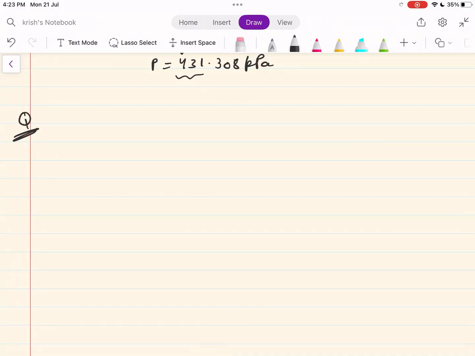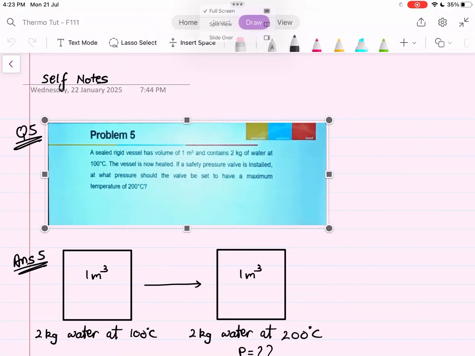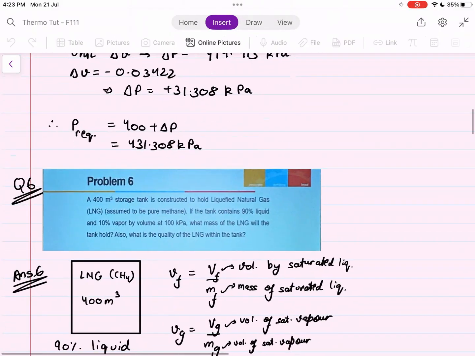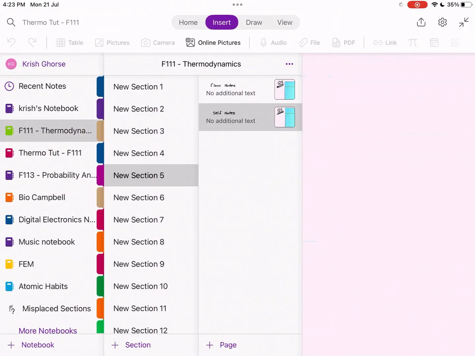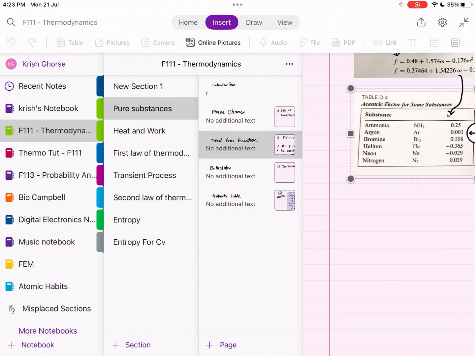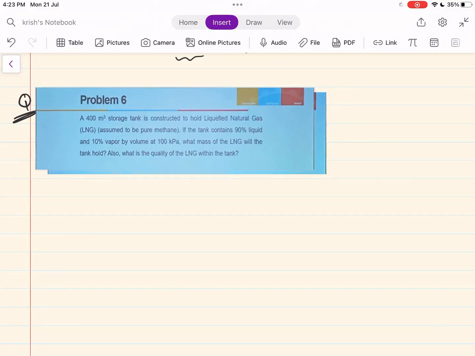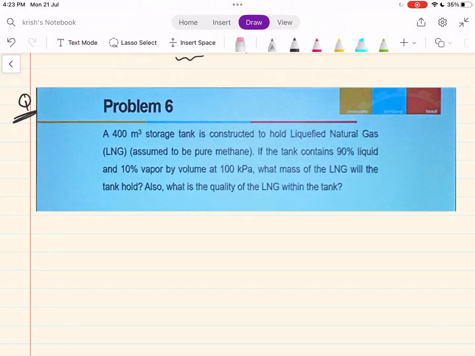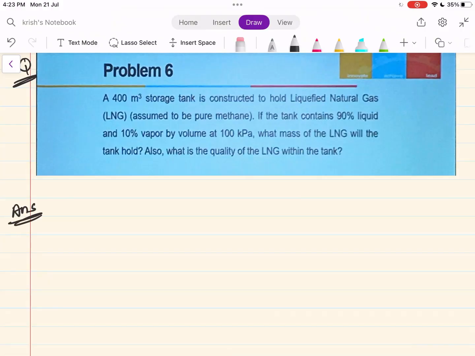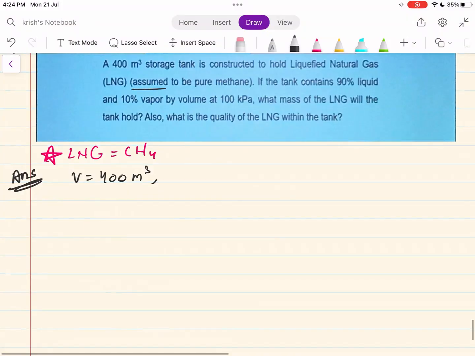Moving on to the next question. It says a 400 meter cube storage tank constructed to hold liquefied LNG, assumed to be pure methane, is also given here.